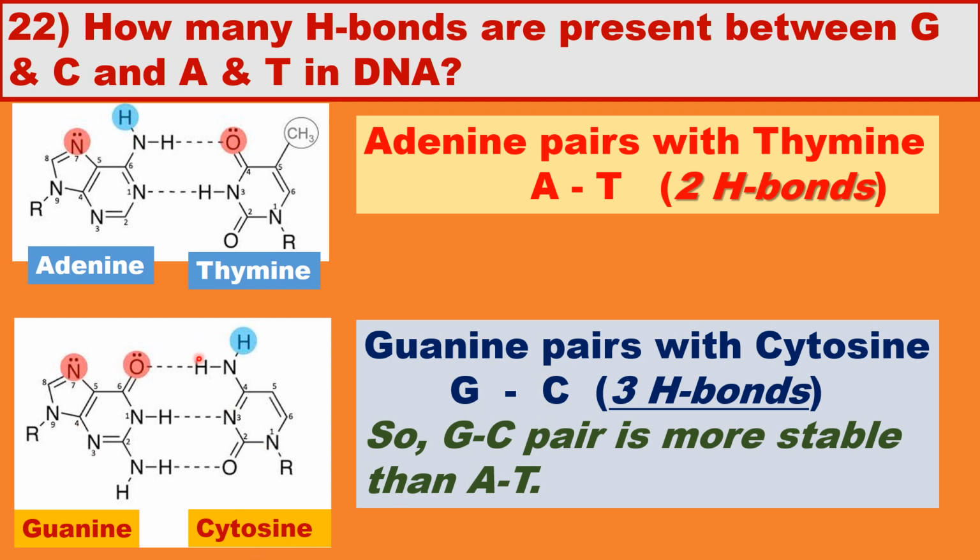So guanine binds with the cytosine to form three hydrogen bonds as shown here. GC pair with three hydrogen bonds, AT pair with two hydrogen bonds. GC pair is more stable because of three hydrogen bonds. It is very difficult to break, while the AT pair can be easily broken.